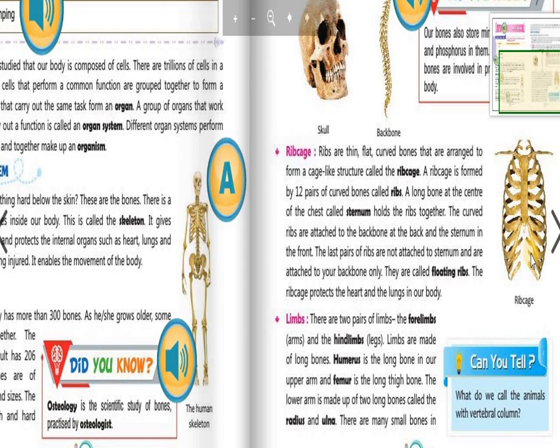And the last two pairs of bones are not attached to the front, they are just attached to the backbone. These are also known as floating ribs. In total there are 12 pairs of the curved bones, and combined it is called the rib cage.